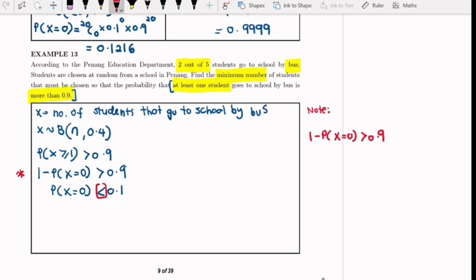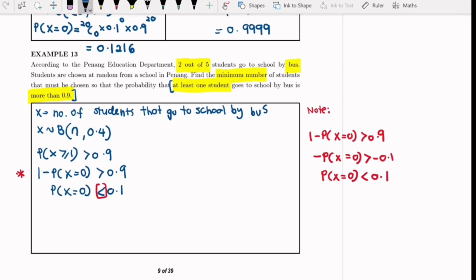If we move the 1 over, we have negative P(x equals 0) greater than negative 0.1. To omit the negative, we need to change the sign to less than. That's why we have the line below.